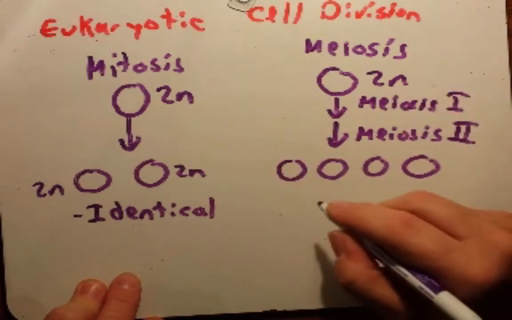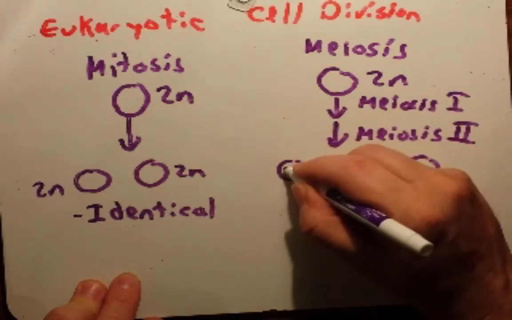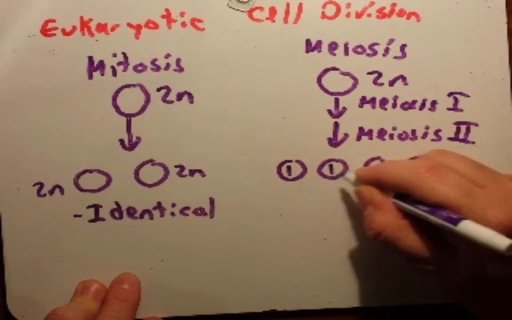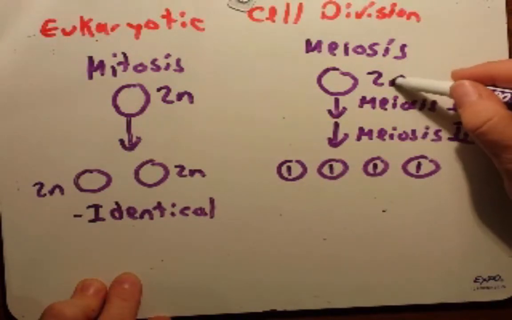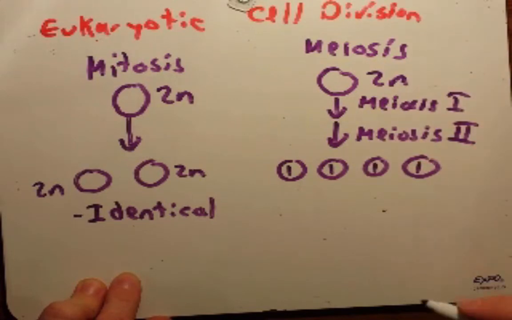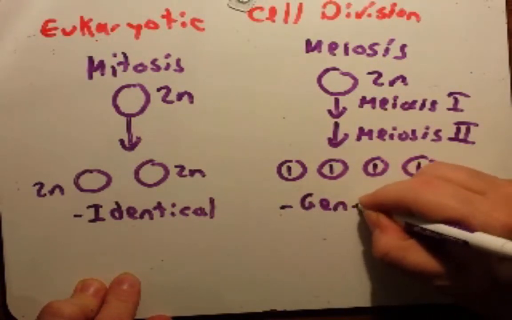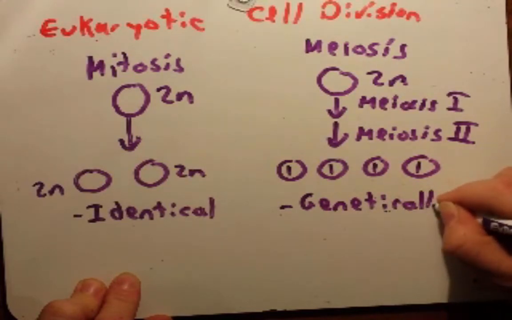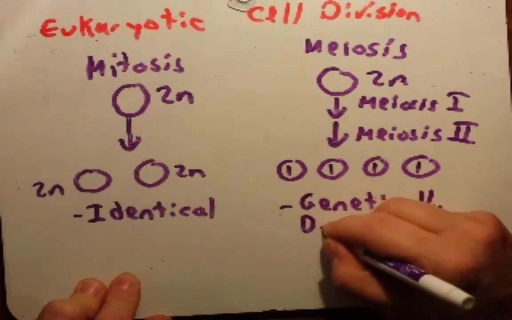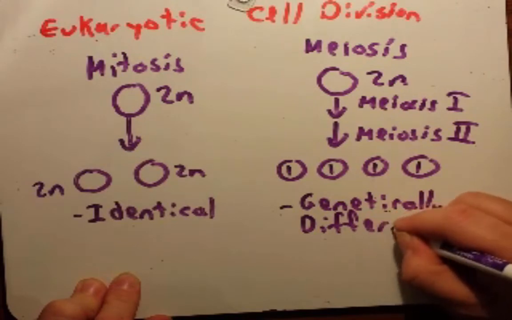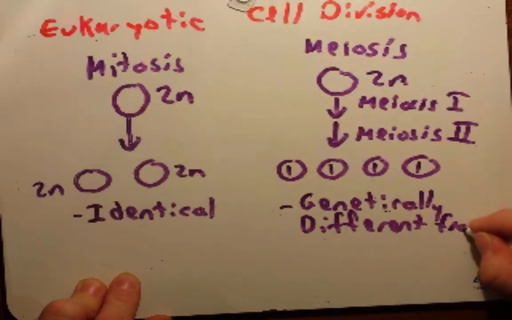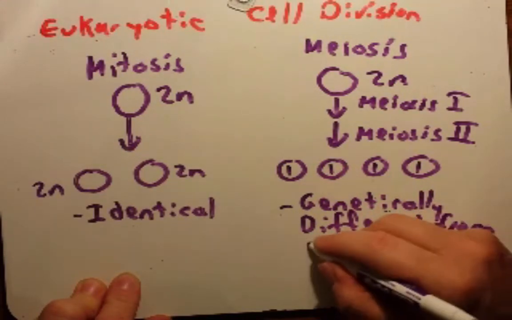And if we start off with a diploid, each of these cells will be 1N. So you go from a single diploid cell to four haploid cells. And they are genetically different from the parent cell.